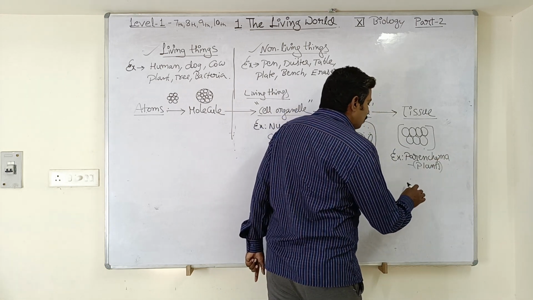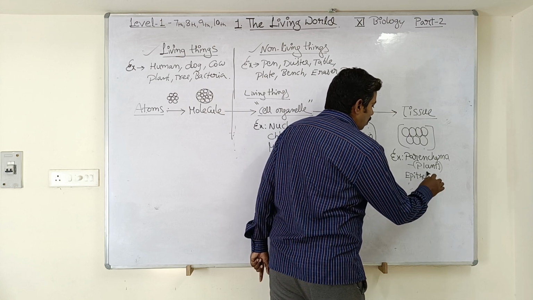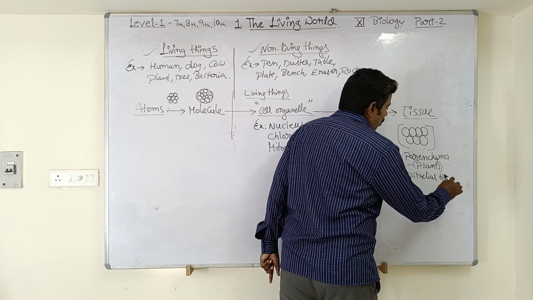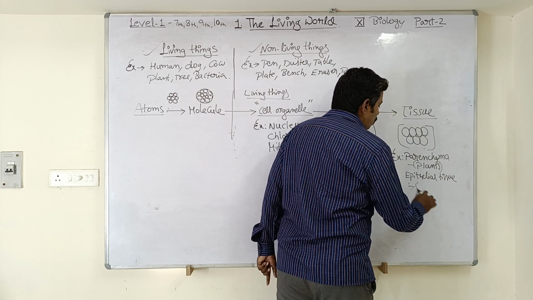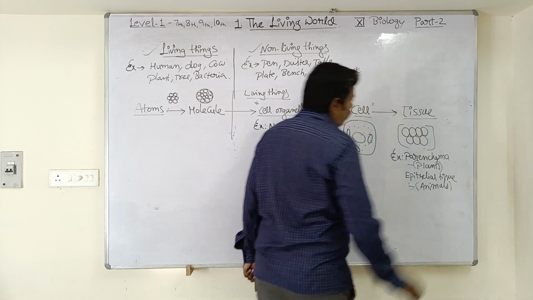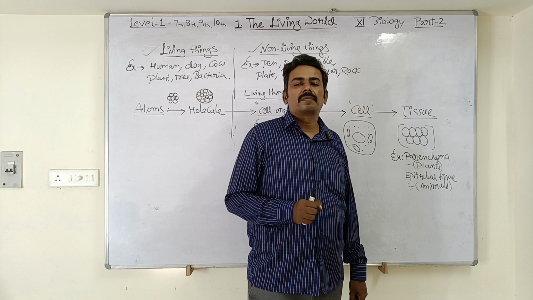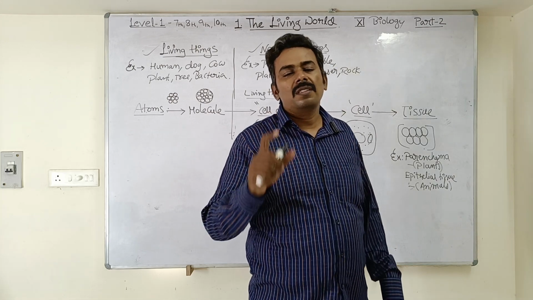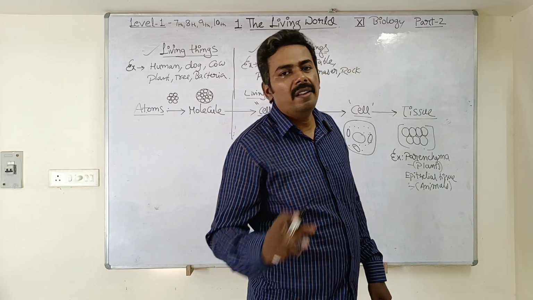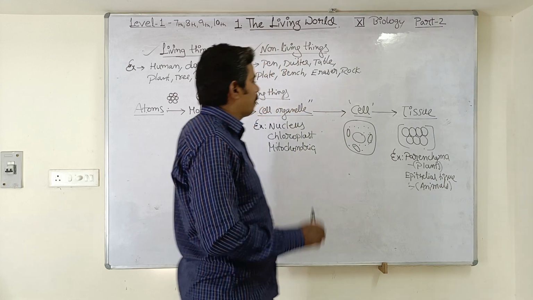And in animals there is a tissue called epithelial tissue, one of the common tissues seen in animals. Then you may ask one question: what about microorganisms like bacteria? Bacteria are unicellular organisms. There we don't find tissue level organization. They don't form tissues.